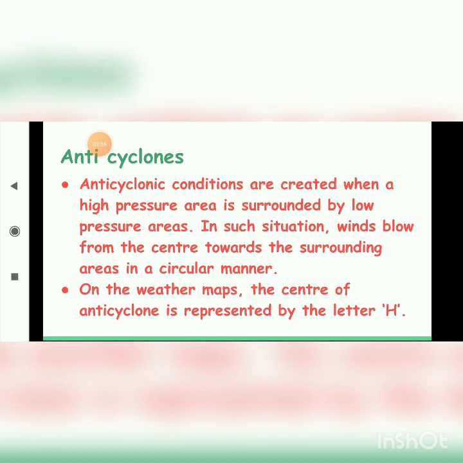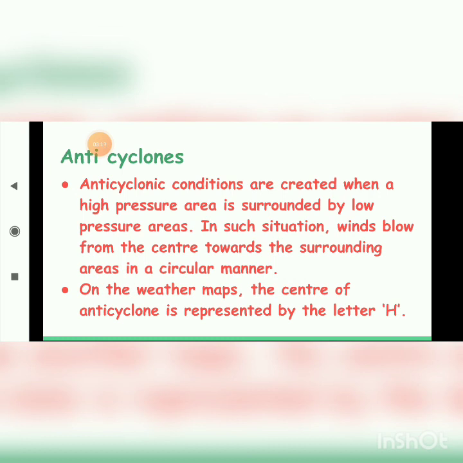On the weather map, the center of an anticyclone is represented by the letter H. Anticyclones generally last for a few days or a week. Such anticyclones originate in the temperate zone.